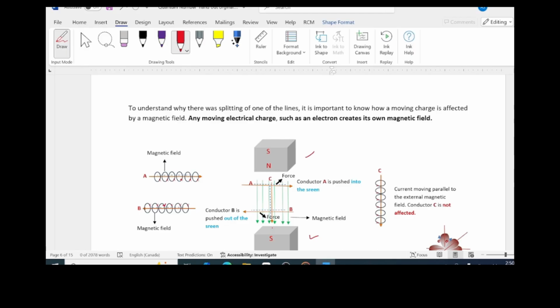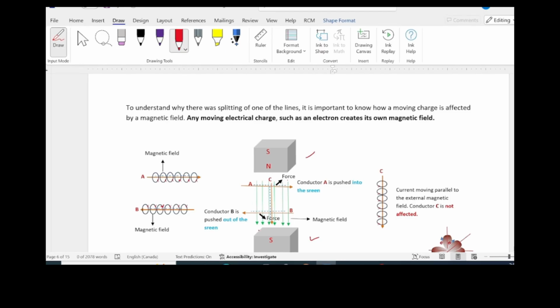What happens is this: because this has a magnetic field of its own, and we put that inside an external magnetic field, there is a resultant magnetic field that causes this conductor to be pushed in that direction, and this conductor will be pushed in this direction. And this is the principle on which the electric motor is built. This one is not affected.